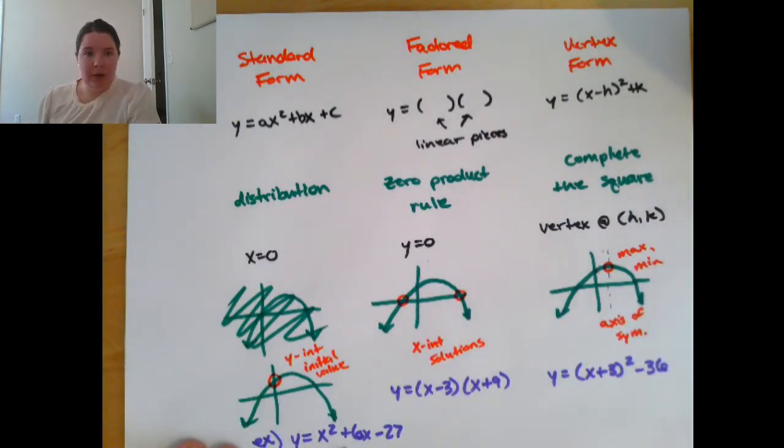If you have been watching my videos, in a previous one I showed you that these three equations, even though they have different numbers and a different look, these were all equivalent. These created the exact same parabola. We just looked at the graphs and they were just layered right on top of each other.